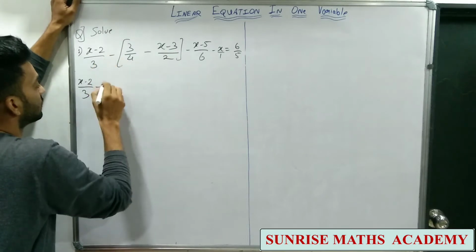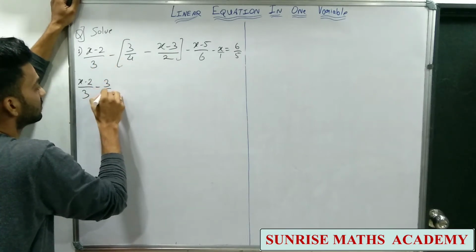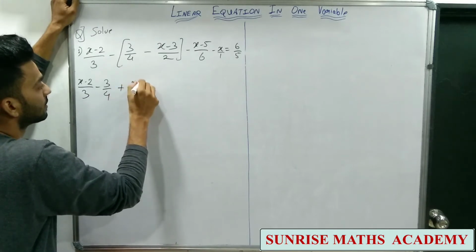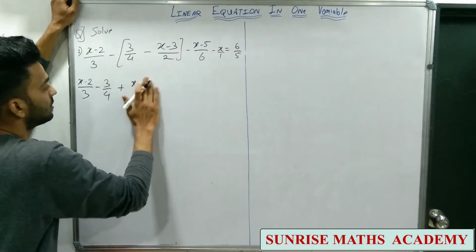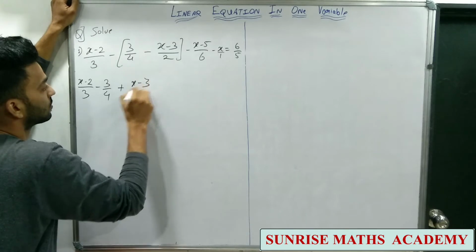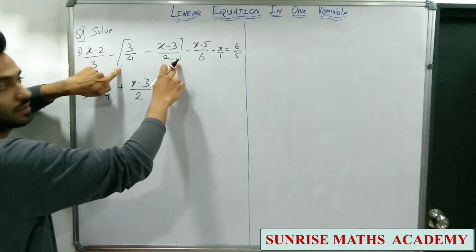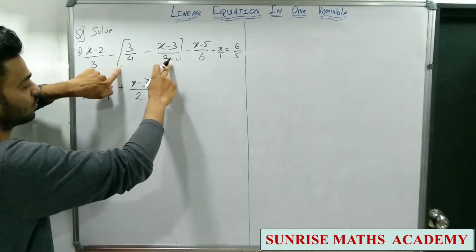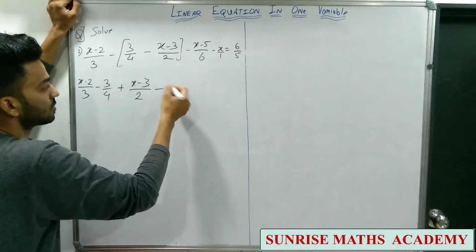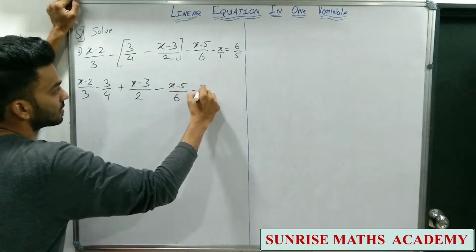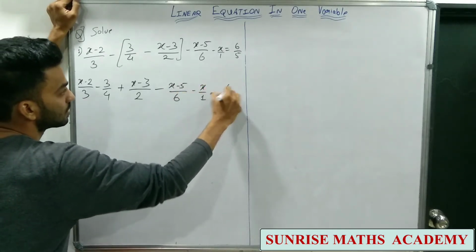So this is positive, this will become negative, minus 3 upon 4, this is negative, so this will become positive, x minus 3 upon 2. And only this bracket's terms will have their signs changed. This will not be affected, so this will be minus x upon 5 upon 6 minus x upon 1 equals to 6 upon 5.